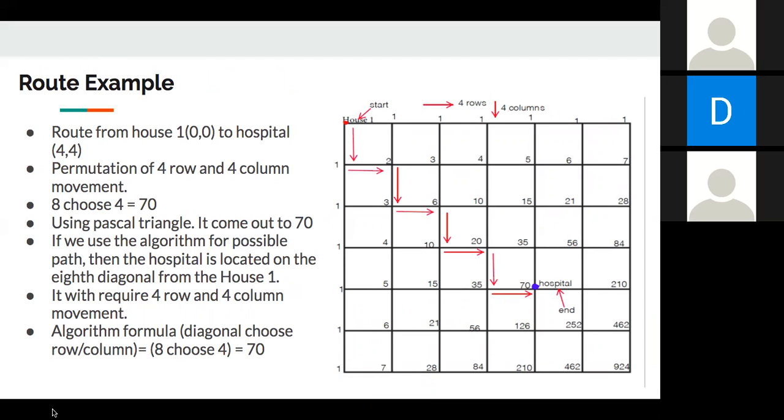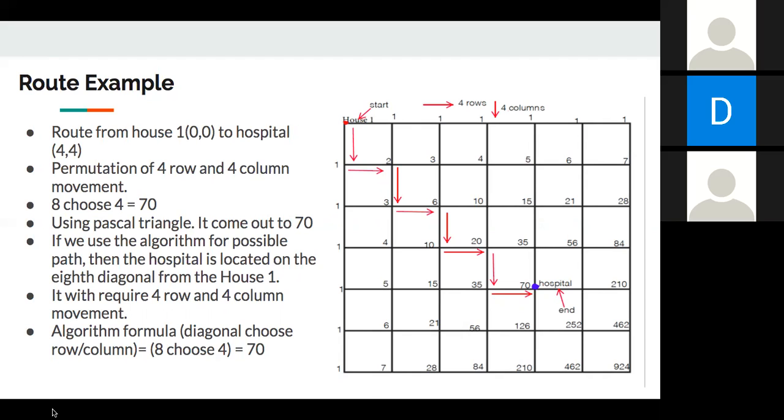We can arrange them either way to find all possible pathways: choosing the possible ways of arranging 4 sideways movements in 8 slots, and then placing the downward movements in the remaining spots. This results in the formula 8 choose 4, which is 70. Therefore, from house 1 to the hospital, there are 70 possible routes.